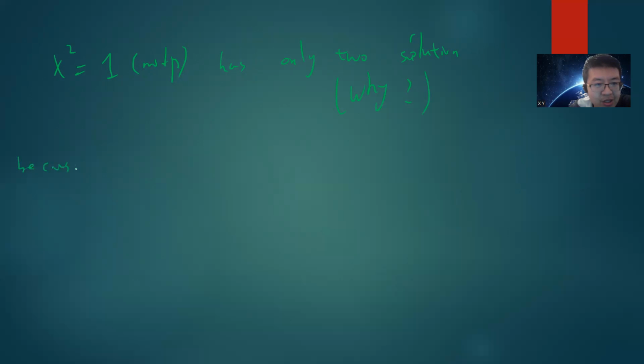This is very important: if you have a field, then a degree n polynomial has at most n roots. So there are only two solutions, and I can find them, because x can be plus or minus 1 mod p. So only 1 and p minus 1 are paired with themselves.